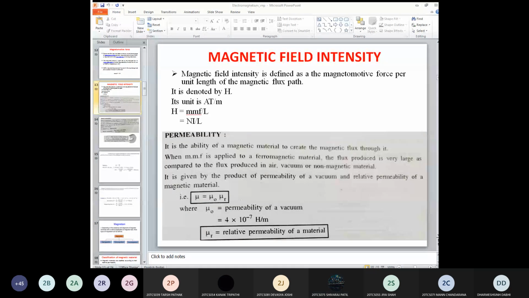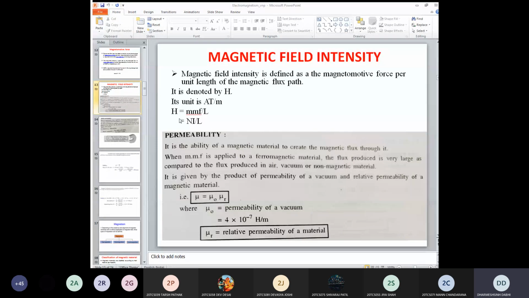Yes, electric field intensity. Very good. Intensity we measure per unit length. So the definition of magnetic field intensity is the magnetomotive force per unit length of the magnetic flux path.